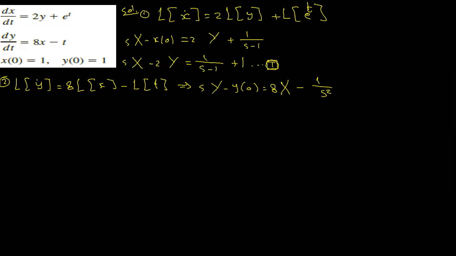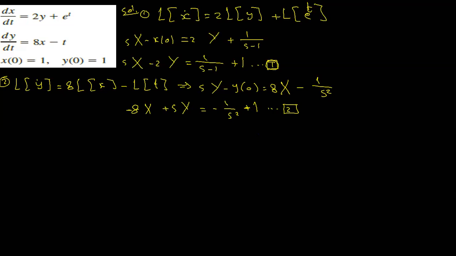Now I'm going to move y0, which is 1, and move 8X. So I have negative 8X plus sY equal to negative 1 over s squared plus 1. This is my second equation.